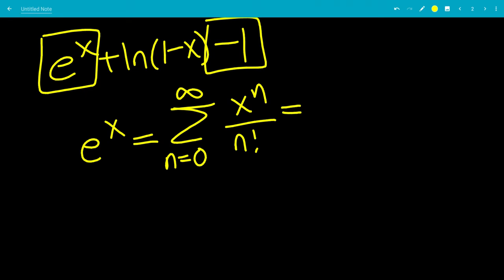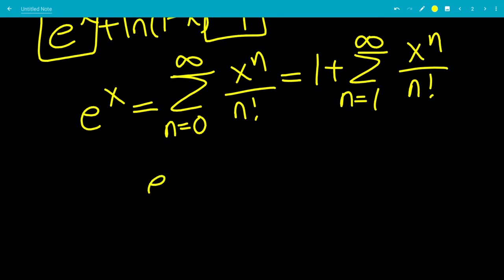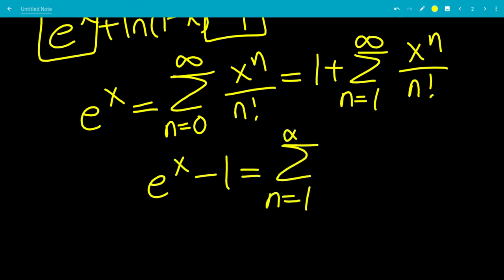Let's plug in the first term, n equals 0, so that would be x to the 0, which would be 1, because even in power series, 0 to the 0 is 1. So this is 1 plus the sum from n equals 1 to infinity of x to the n all over n factorial. Then we can subtract 1 on both sides, leaving us with e to the x minus 1 equals the sum from n equals 1 to infinity of x to the n all over n factorial.